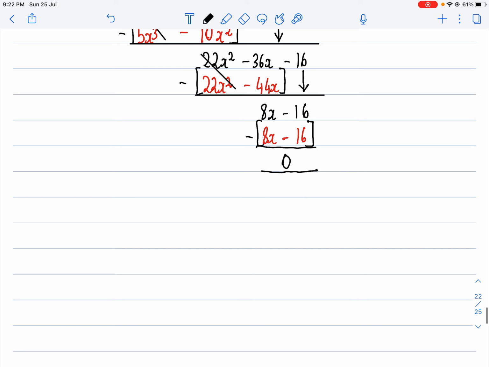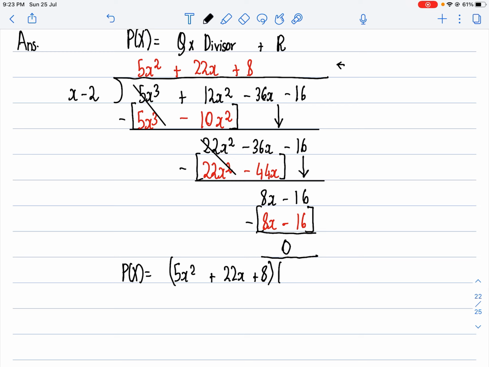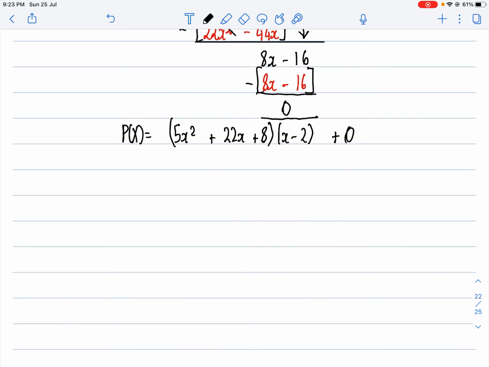So I can write my P of x basically as the quotient, which is 5x square plus 22x plus 8, multiplied by the divisor, in this case x minus 2, plus the remainder, which is 0, as it's a factor. Now what I always do is I equate this to 0.